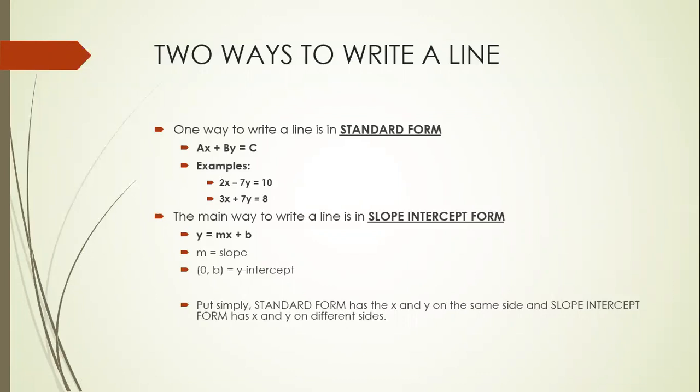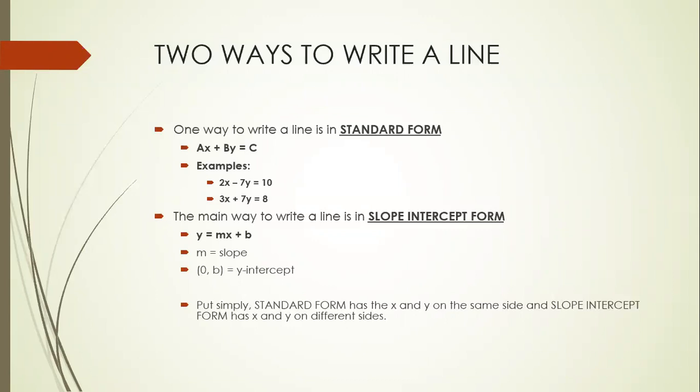y equals 3x minus 1 is slope-intercept form. y equals 1/2 x plus 1 is slope-intercept form. Notice that you basically have a y equals, you have a number, you have an x, and then you have another number.